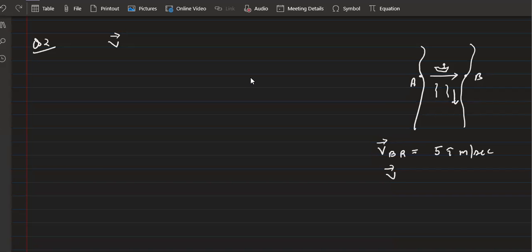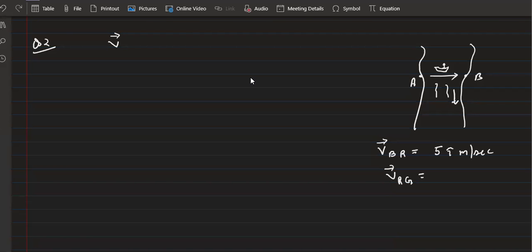Here I'm saying it is flowing in this direction. Now this is with respect to what? With respect to the ground. So I can say the velocity of the river with respect to the ground is now along your negative y-axis.